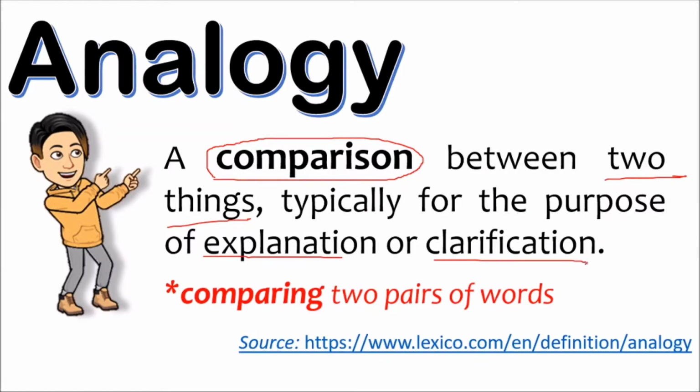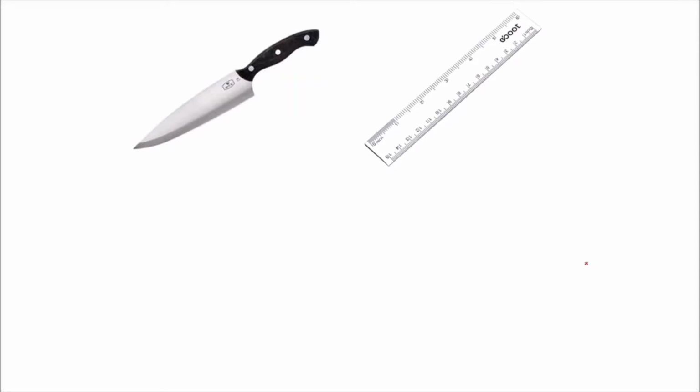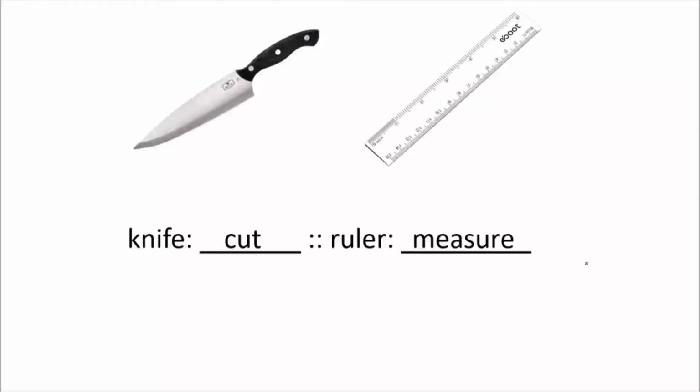Now, for you to better picture out the meaning of analogy, let's have an example. We have here a photo of a knife and a photo of a ruler. If you can remember in your English books or test papers, analogy is always written this way. We've got two columns here which represent the phrase "is to," and another pair of columns in the middle for the word "as."